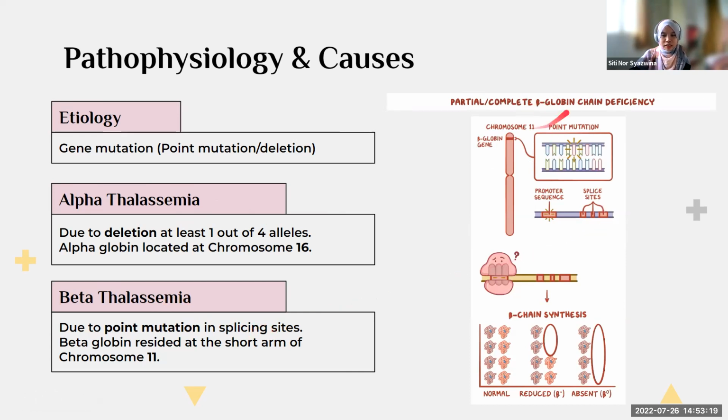For example, in beta thalassemia, there is a point mutation where a single nucleotide in the DNA is replaced by another nucleotide, often in the splice sites located at chromosome 11. So the mRNA cannot read these mutated genes. As a result, the mutation leads to either reduced beta globin chain synthesis or total absence of beta globin chain synthesis.